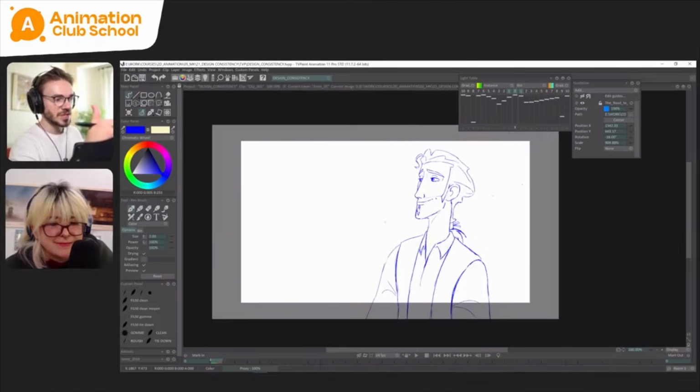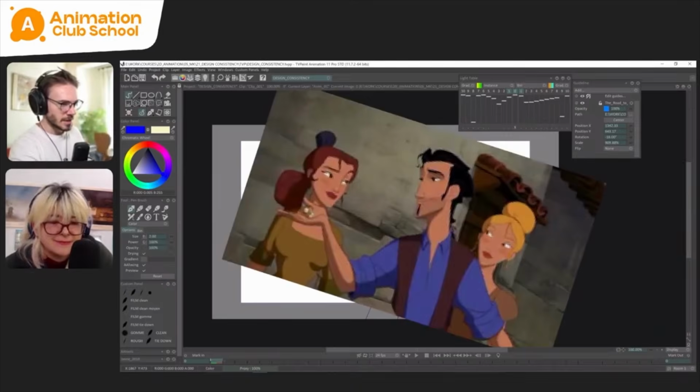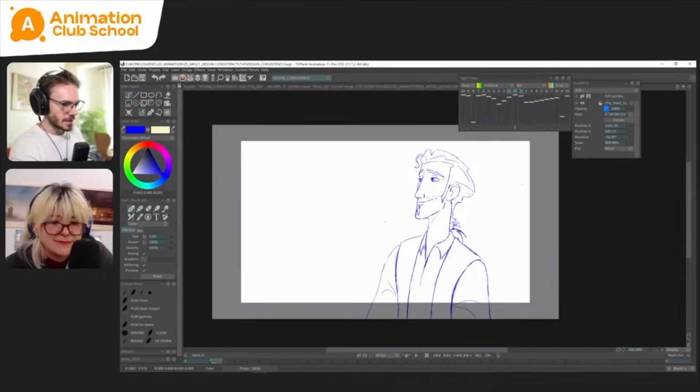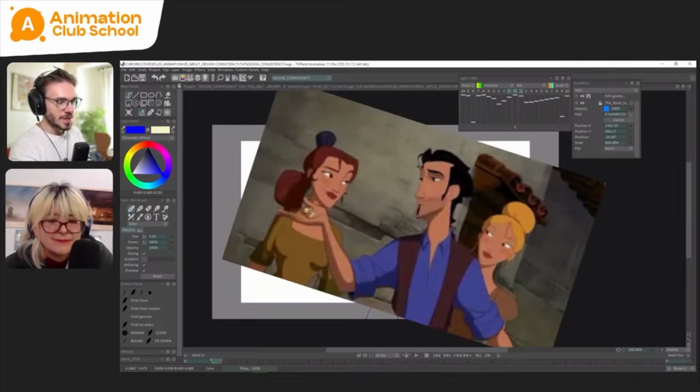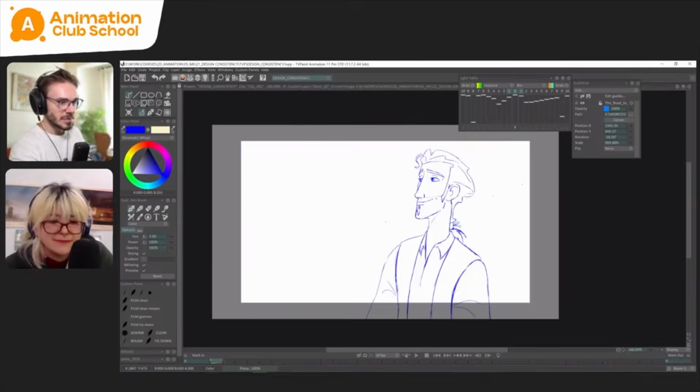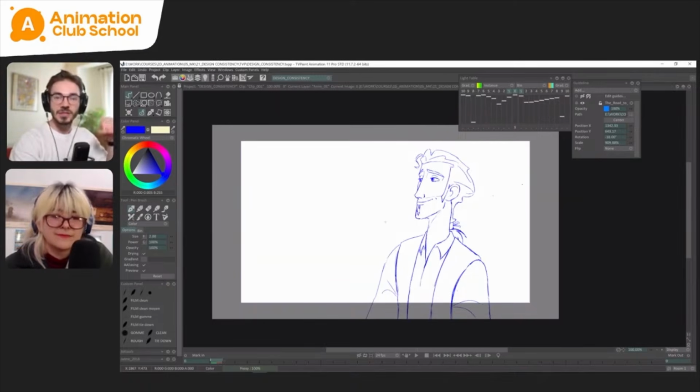Of course I changed the angle already, but by flipping you can check whether I missed something in his design, maybe his ear, maybe his nose. And by that you will definitely get as close as possible to the final design.